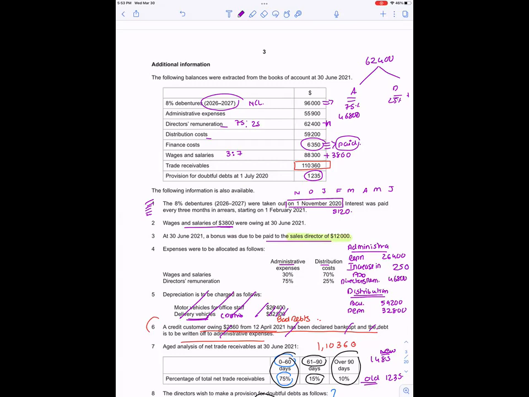And here, 62,400 into 25% is 15,600, and bonus to the sales director 12,000, total 27,600. Okay. Thanks, Natila.